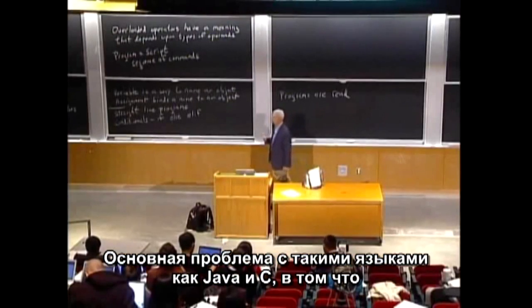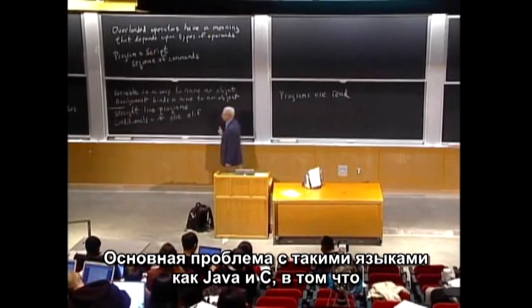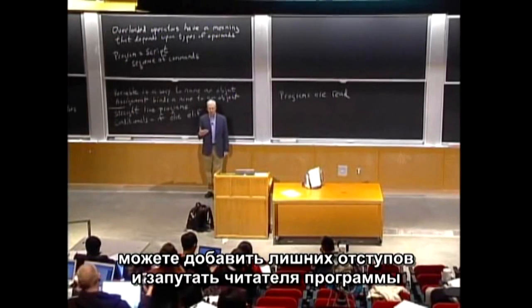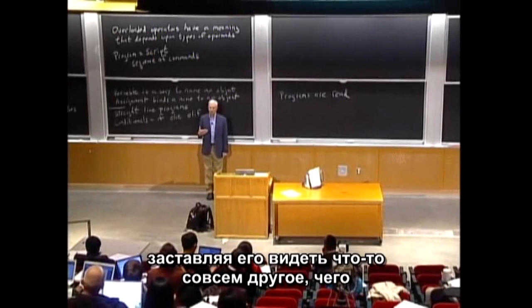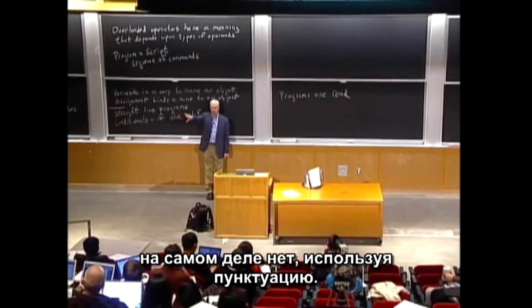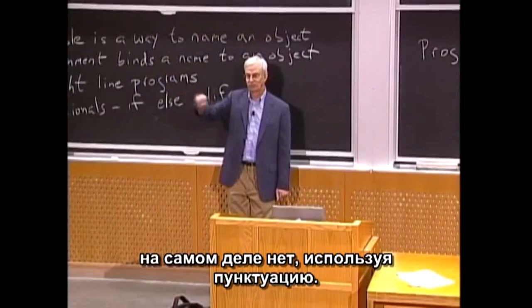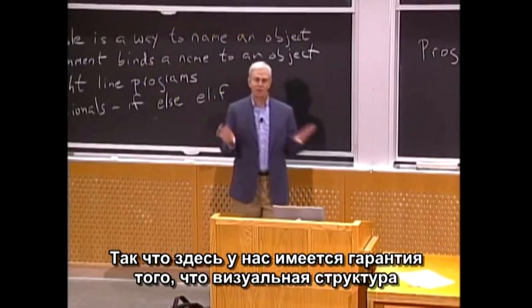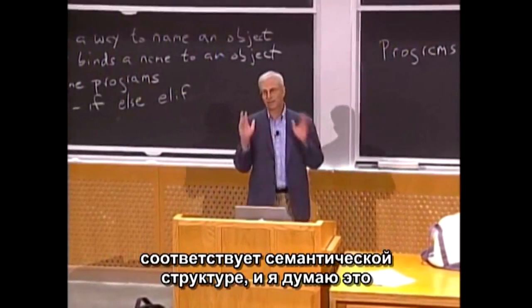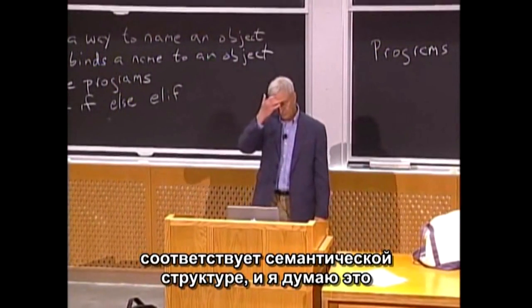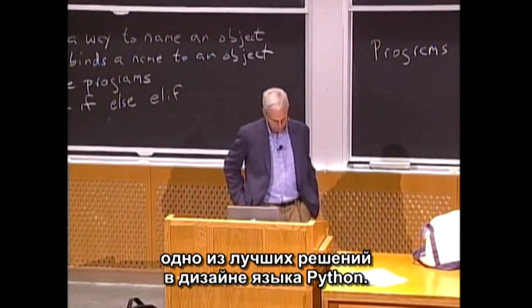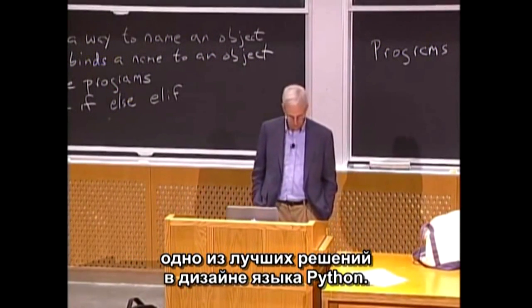The problem with languages like C and Java is that you can indent things and fool the reader of the program by making it look like something is under something else, when in fact it really isn't because of the punctuation. So here we have a guarantee that the visual structure matches the semantic structure, and I think that was one of the really good design decisions in Python.